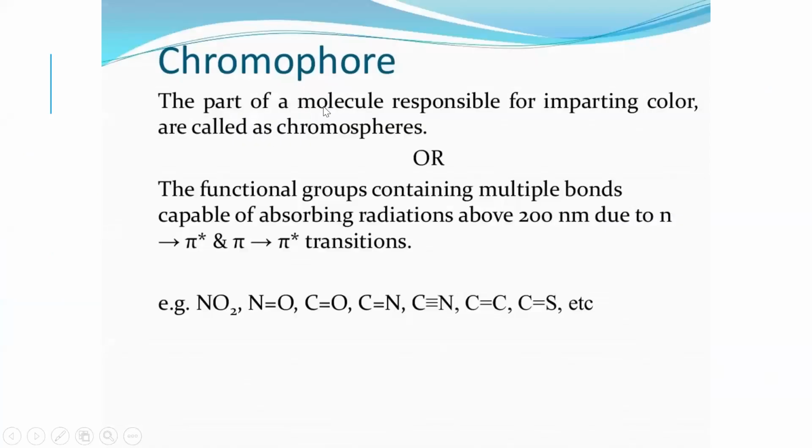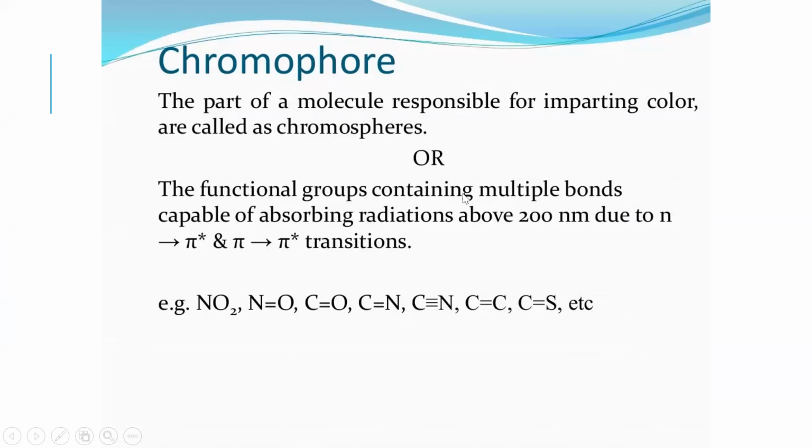Chromophore. Chromophore is part of the molecule which is responsible for imparting color. So which groups are responsible for imparting color? The functional groups which contain the multiple bonds. They absorb the radiation above 200 nanometers due to different transitions, n pi star transitions and pi pi star transitions.